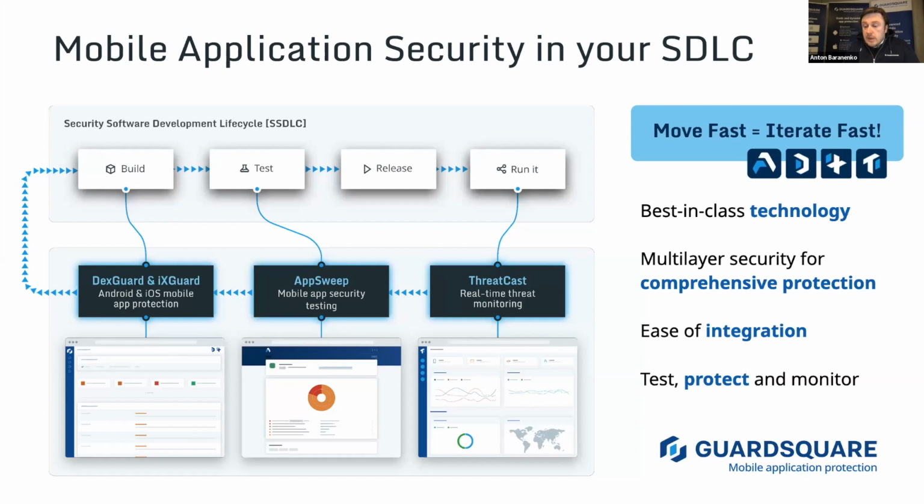Instead, you plan, you implement, and you continuously verify and continuously improve your application protection. And tools such as Guardsquare can help you to do that at every stage of the SDLC, starting with building your application, but also at the testing stage. You want to get continuous feedback, and even after you release, you will also want to get continuous feedback from the market in order to continuously improve your protection.